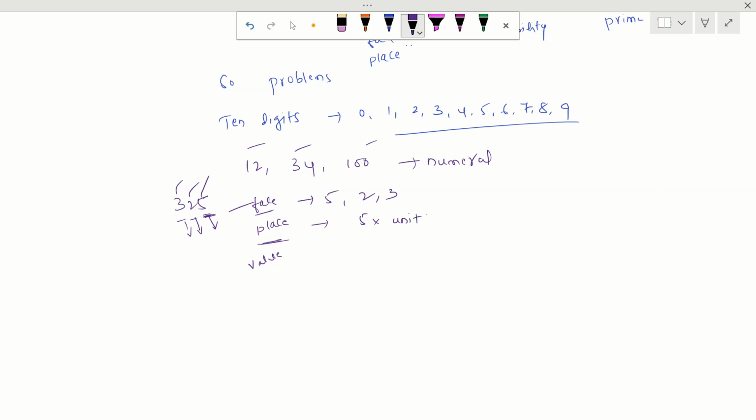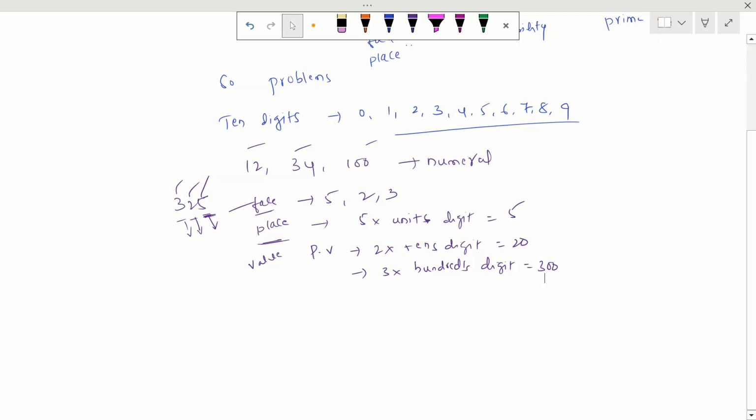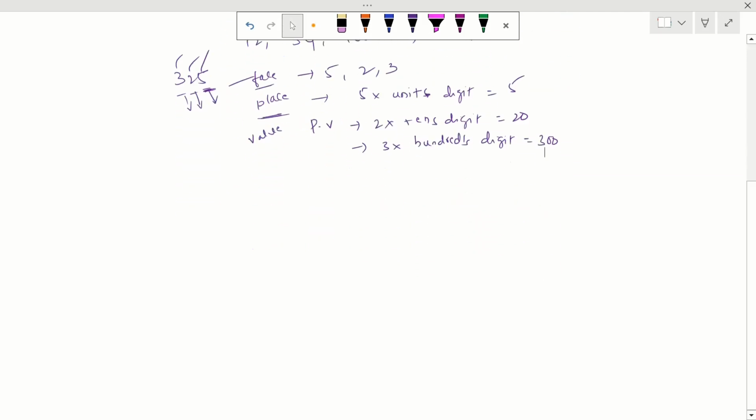So the place value of 5 is 5. The place value of 2 is 2 into tens digit, so it is 20. And the place value of 3 is 3 into hundreds digit, so it is 300. This is the meaning of place value and face value.